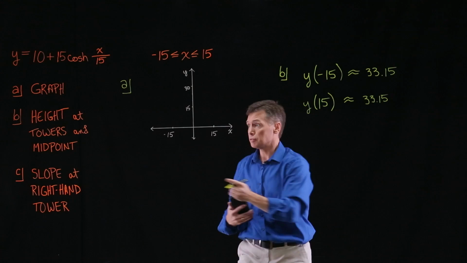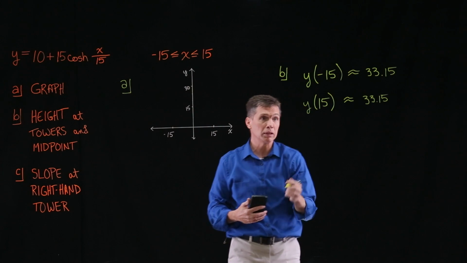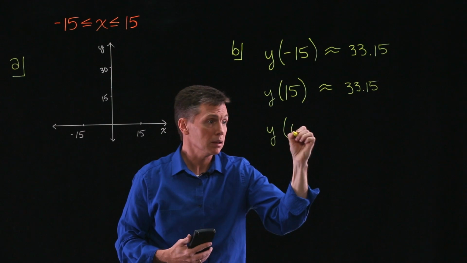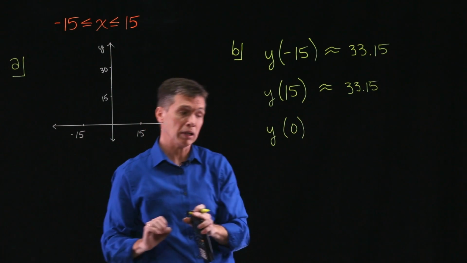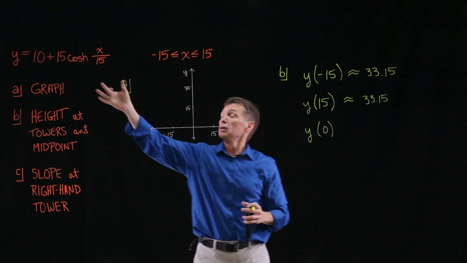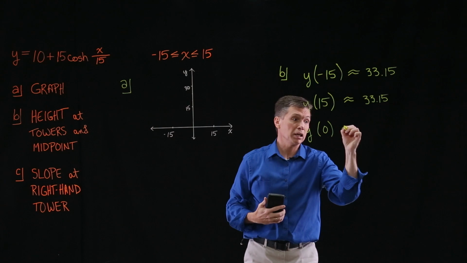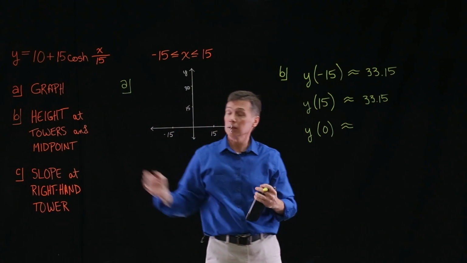Okay. Finally, for part B, they wanted me to find the height of the cable at the midpoint, and that's actually just another calculation here, y of 0, right? Right between our two towers, x of 0. So here we're actually putting in a 0 for x. I'm still going to rely on my calculator because it's still going to involve that hyperbolic cosine.